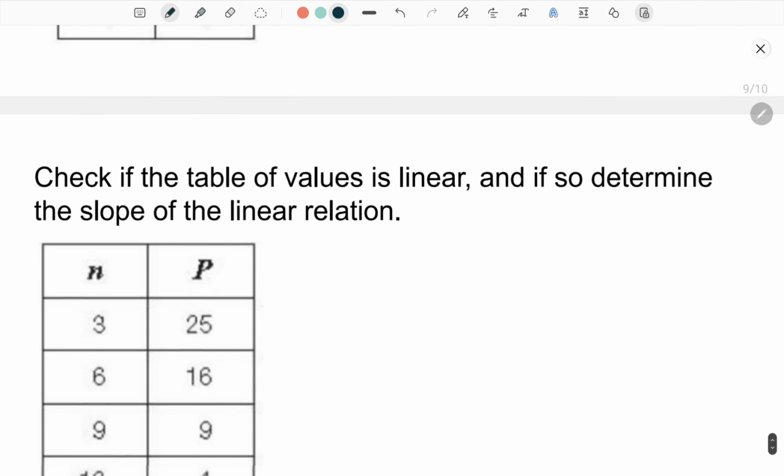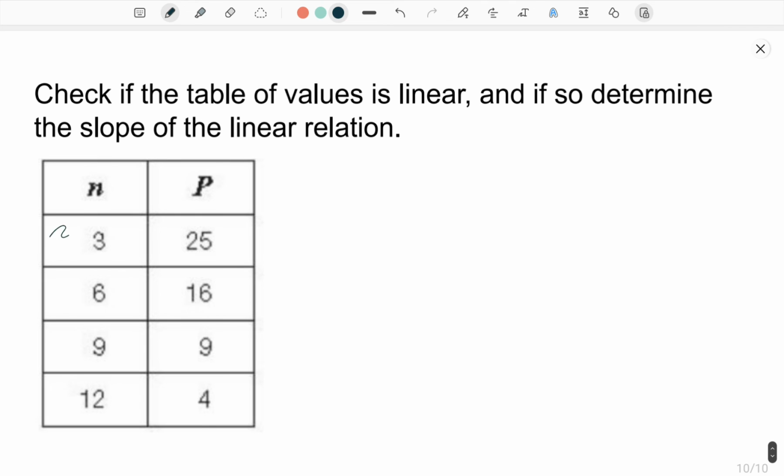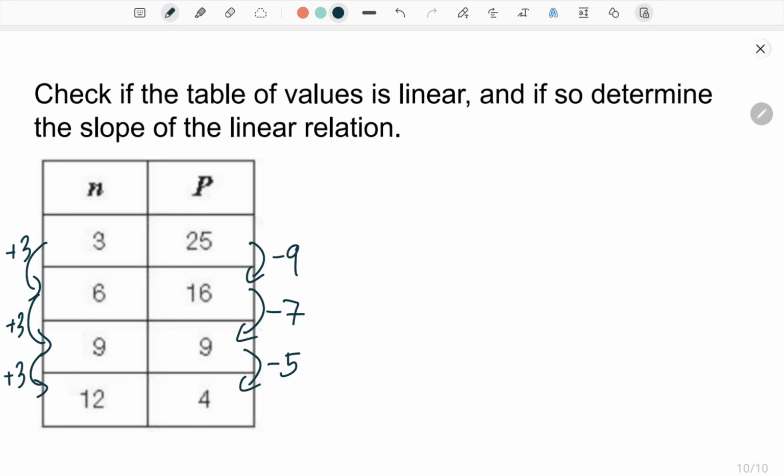All right, let's take a look at another one. Double check, first of all, the change in the values. So we're going up by 3 in our first column. The second column, 25 to 16, well, you have to subtract 9. 16 to 9, you're subtracting 7. 9 to 4, you're subtracting 5. So if you were to try to do the slope now, you'd see we'd have different change in y values.